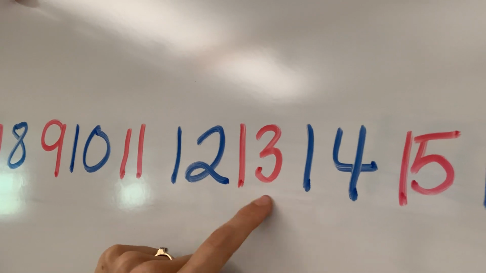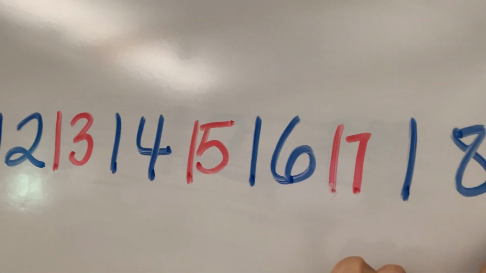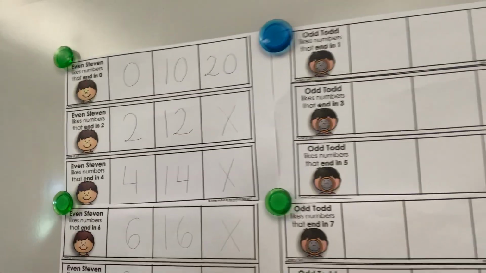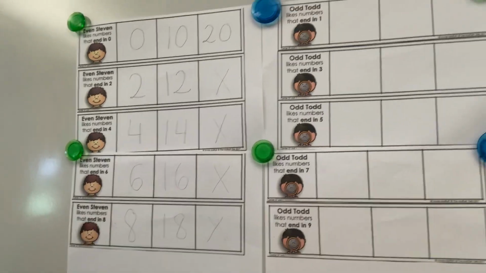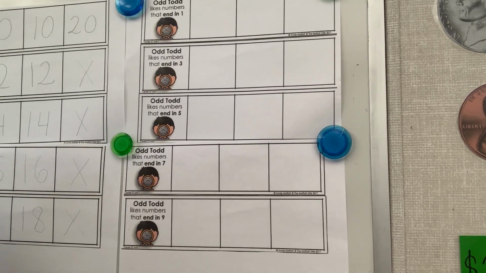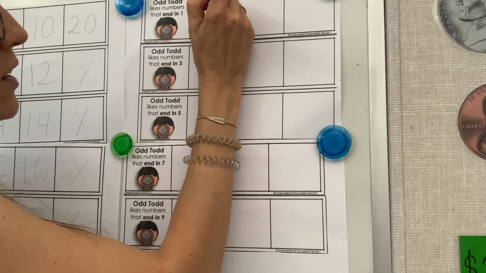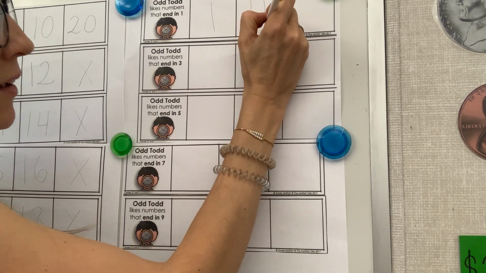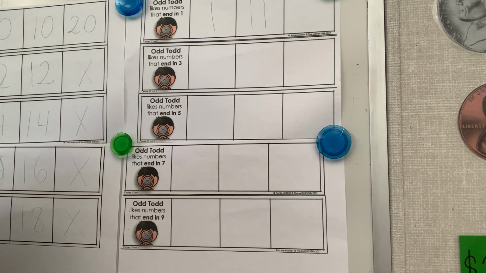No, it's a 3. So those don't count, right? Just 11. All right, so let's go ahead and grab our pencil and let's write those down, okay? So only the numbers that end in 1, so it's 1 and 11. Very good, 1 and 11.